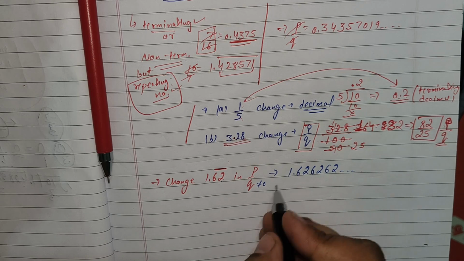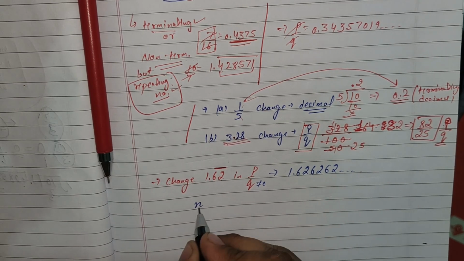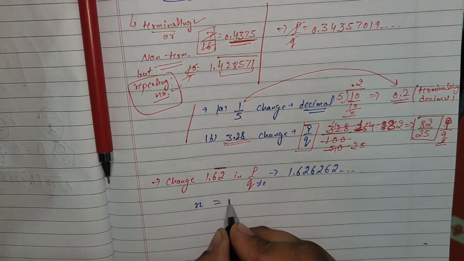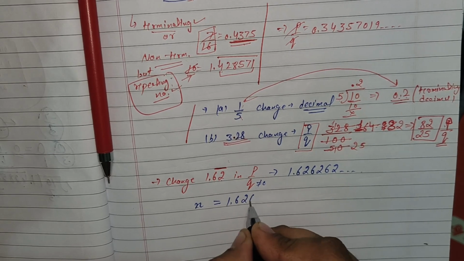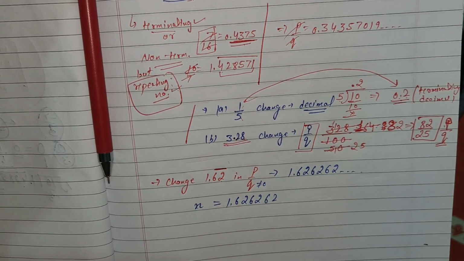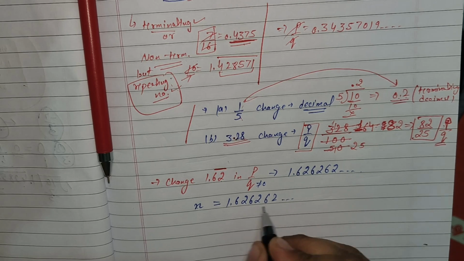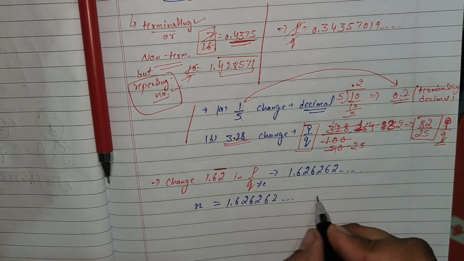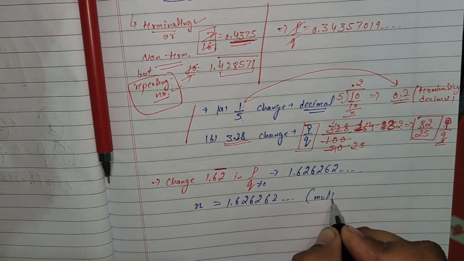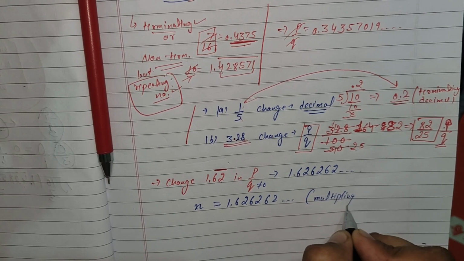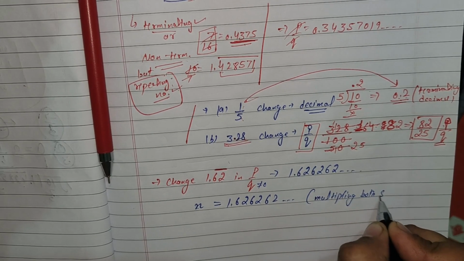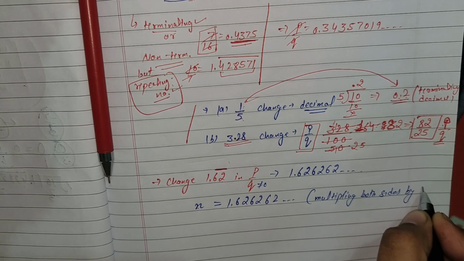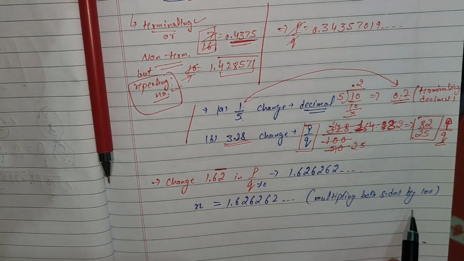So now we are going to write x is equal to 1.626262. Then we write, multiplying both sides by 100. Why 100?